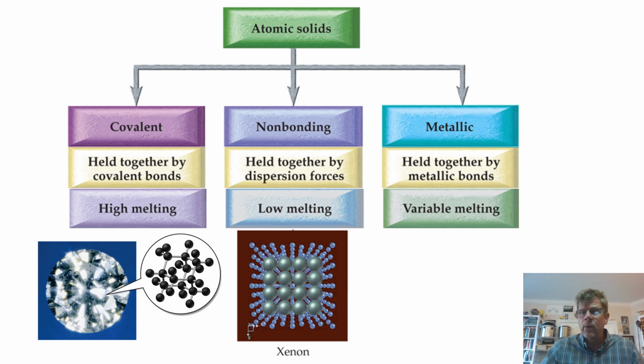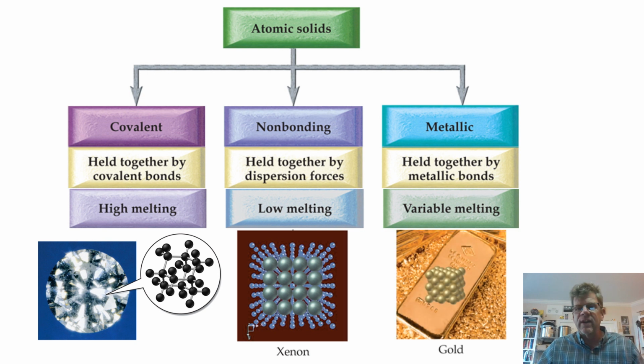Something like mercury, which at room temperature is a liquid. And that is contrasted by other metals which have exceedingly high melting points, such as tungsten, which forms a filament in an incandescent light bulb. That gets so hot that it glows very, very brightly, but it still will not melt. It retains its solidity.